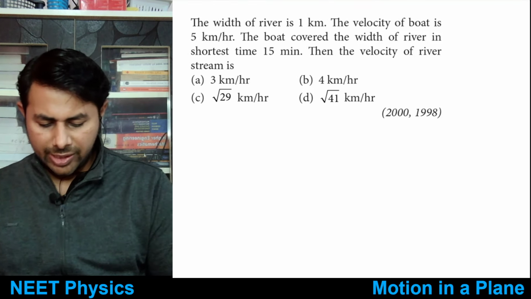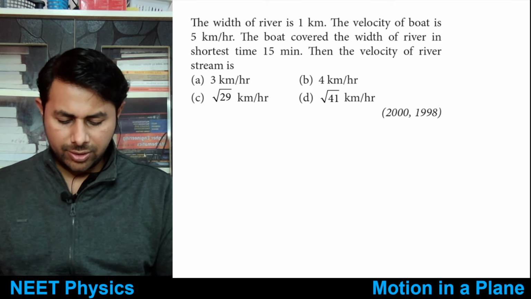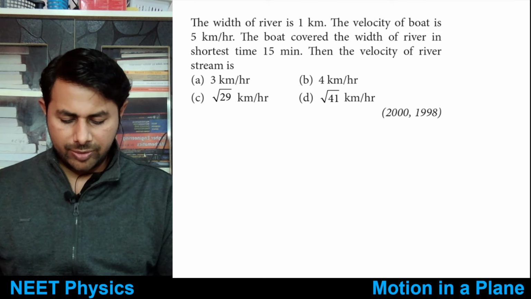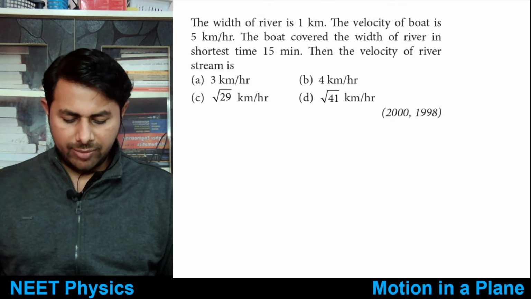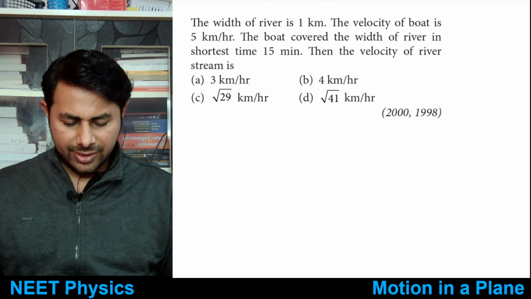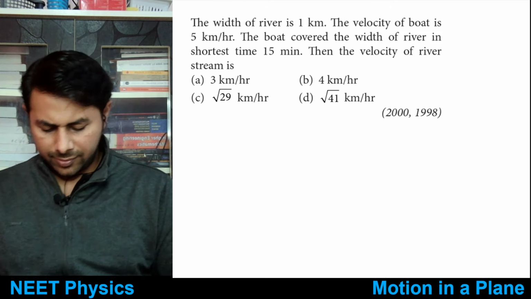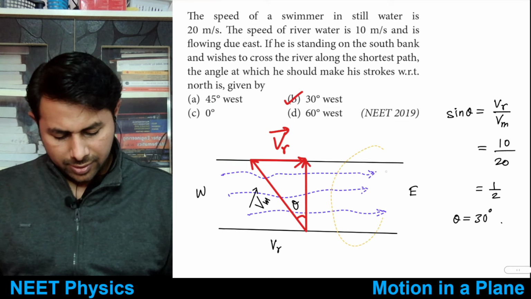Okay, so the width of the river is 1 kilometer, the velocity of the boat is 5 kilometers per hour. The boat covered the width of the river in the shortest time, 15 minutes. Then the velocity of the river stream is, tell me.